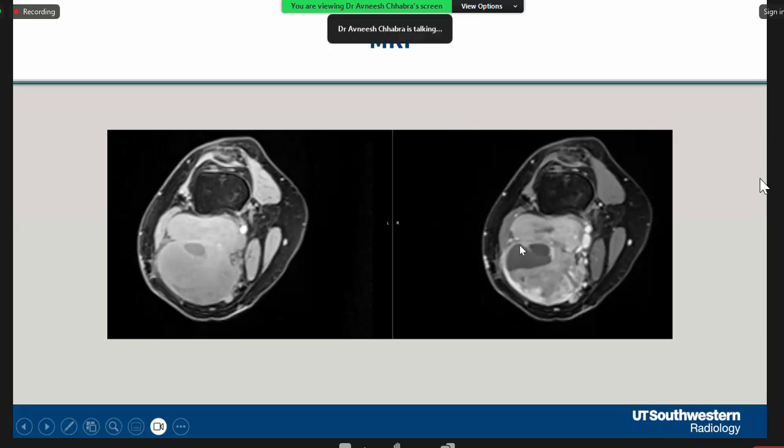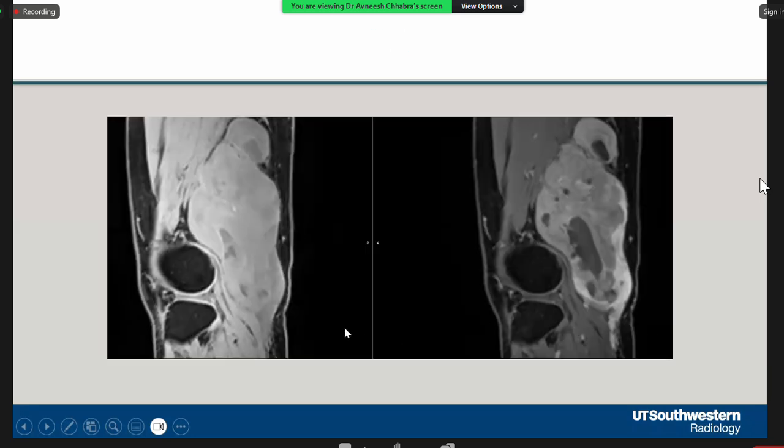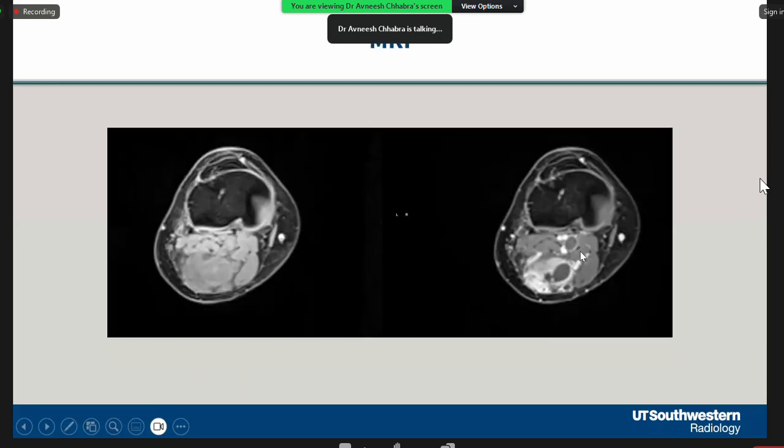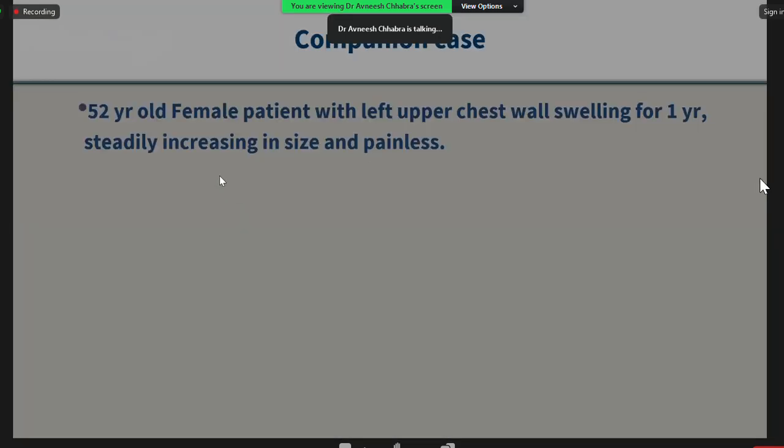And you can see there's some cystic changes also, which they can show. Here there is some tumor thrombus also in the popliteal vein. And here you can see this finally came out to be synovial sarcoma. But if you were to put in ST-RADS, it will be 5. If you were to put in soft tissue RADS, it will be 5. So that's what this is.